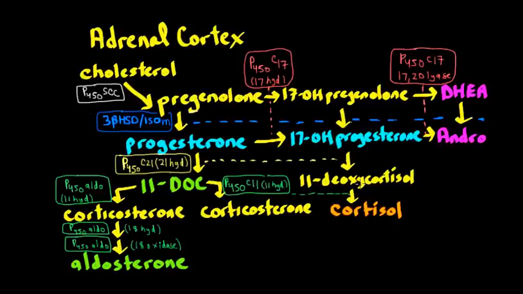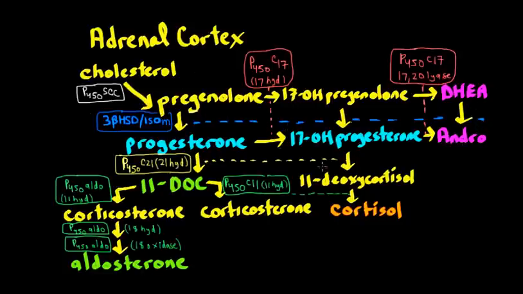Now, what happens when cortisol goes down, we'll discuss in another video. Because of lack of negative feedback from cortisol on the glucocorticoid receptors, adrenocorticotropic hormone goes up from the anterior pituitary, and that stimulates the adrenal cortex to make more hormones. Now, what happens is you're going to start to build up precursors, and they're only going to go in the direction of the pathways that are available.